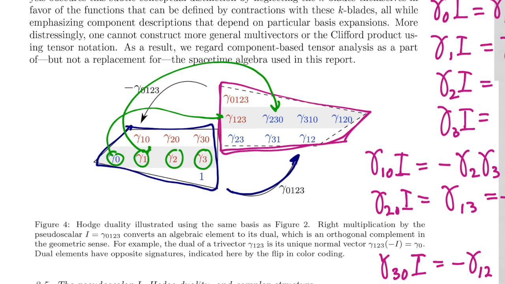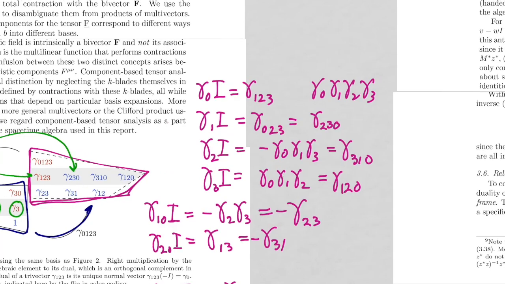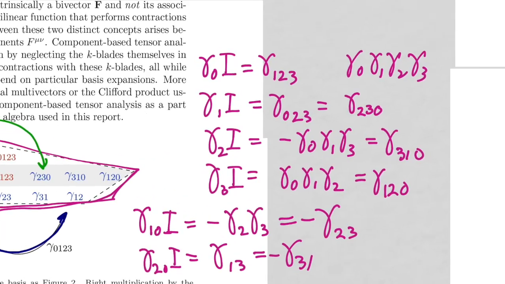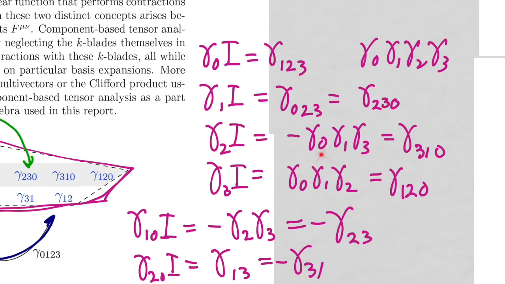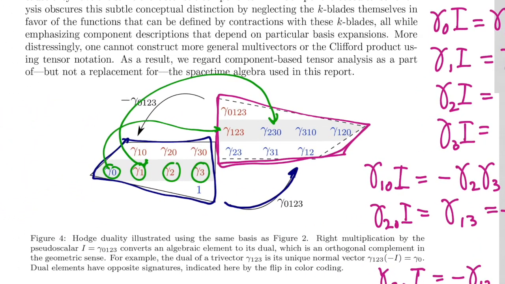Then I did gamma 2. The dual of gamma 2 was minus gamma 1, 0, 1, 3, which if you move the 0 over twice, you get 1, 3, 0. Then you move the 1 over once, and you end up with an odd number of swaps and a minus sign, which makes it 3, 1, 0. And so this one matches with that one.